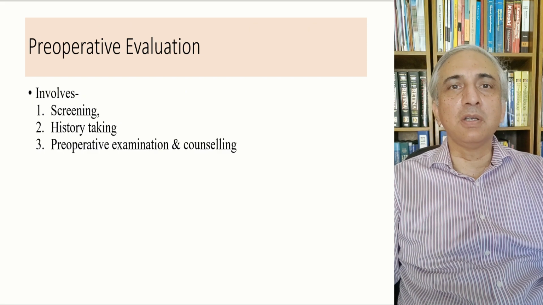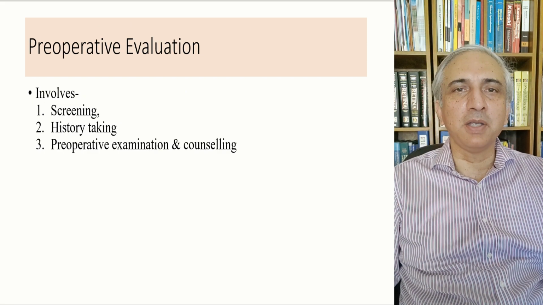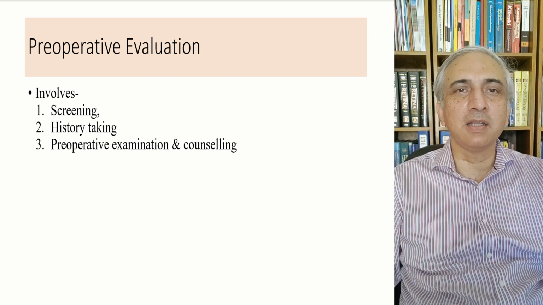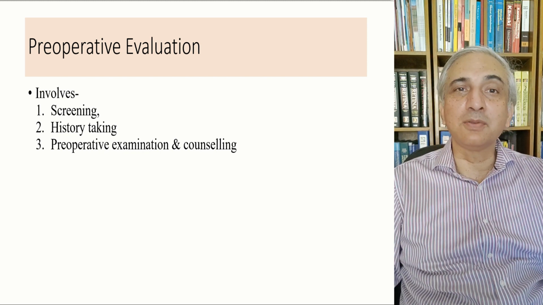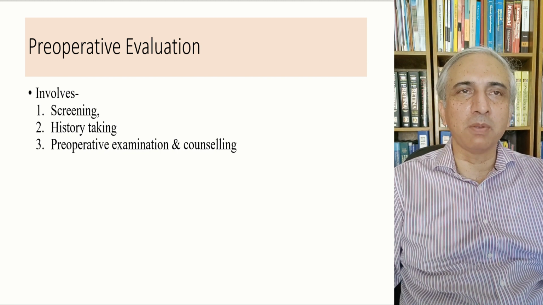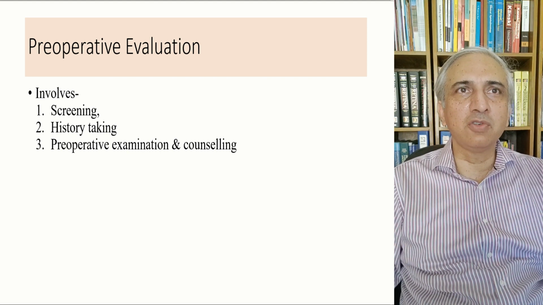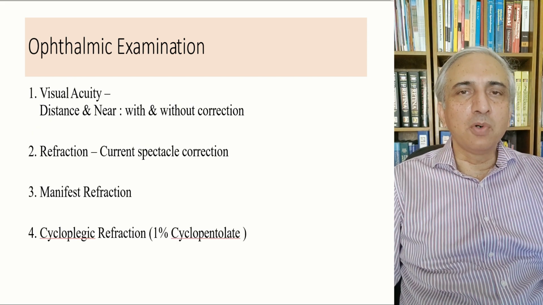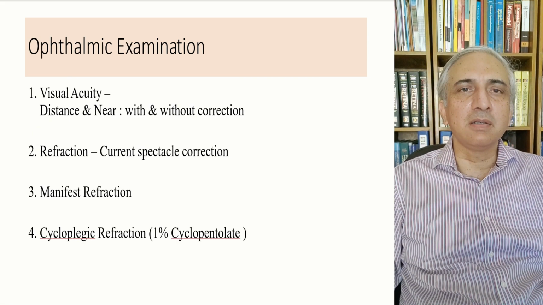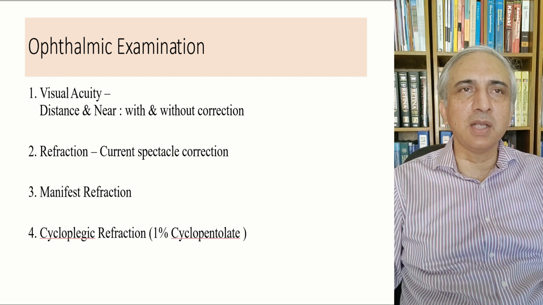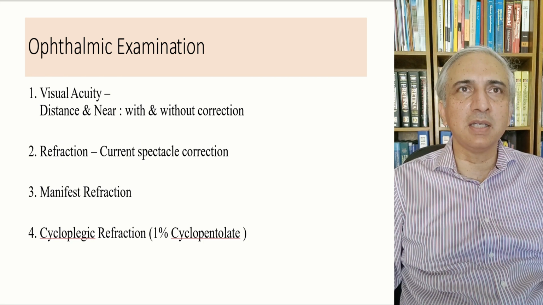Preoperative evaluation is very, very important in patients with refractive surgery, and that is, I think, something which is not very keenly taken care of and leads to quite a lot of postoperative problems for the patients. So it involves good screening, history taking, and preoperative examination and counseling. The most important thing in examination is visual acuity. You need to have a distance and near visual acuity with and without correction.